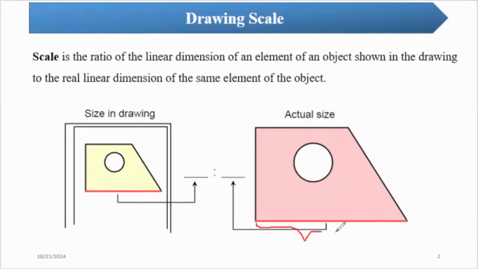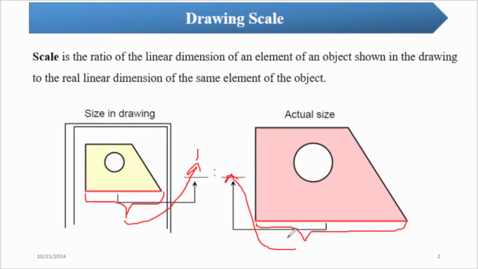This length is written in here, and the size in the drawing, that length, is different. The drawing length comes first, and then the actual size length. Right? So that is the scale.